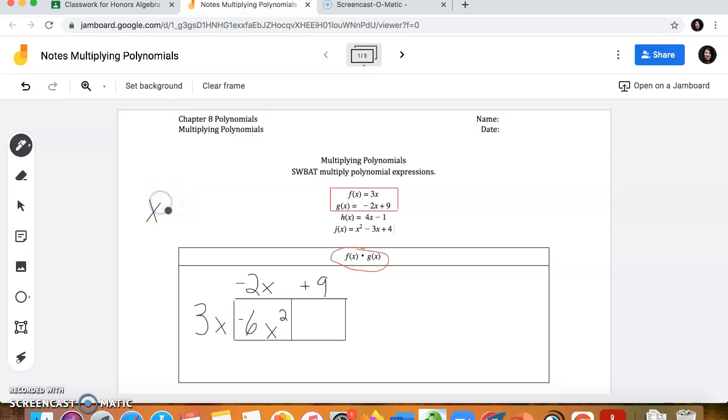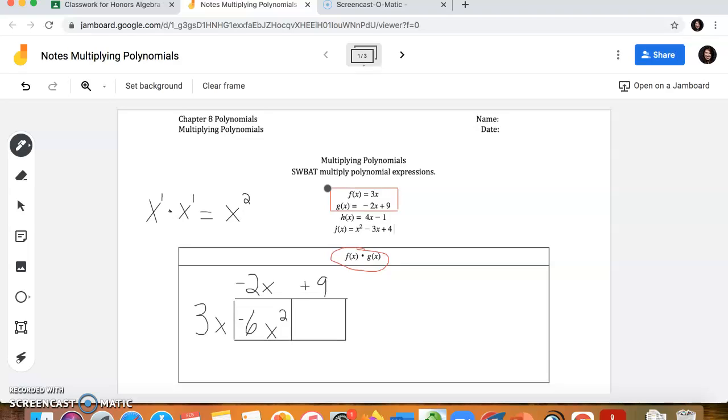When you are multiplying expressions, we add our exponents. 3x has a 1 above that x, an invisible 1, and the negative 2x has an invisible 1. So when you add that, 1 plus 1 gets you x squared. That's how we're getting that x squared.